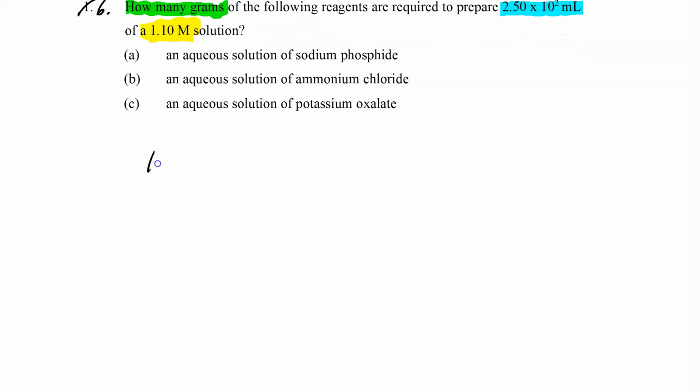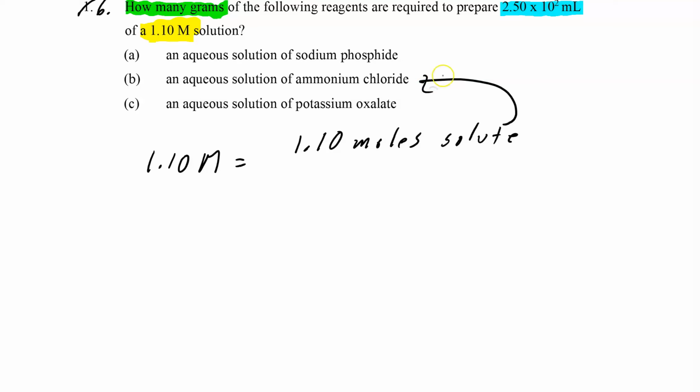When we're looking at a 1.10 molar solution, as in this problem, this is the same as saying we have 1.10 moles of the solute, and the solute is the chemical in question.